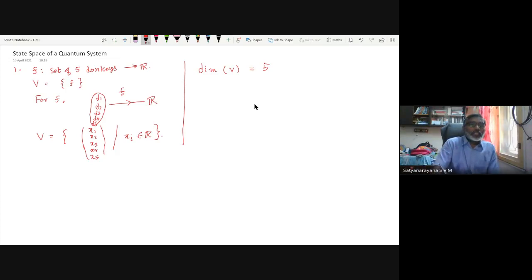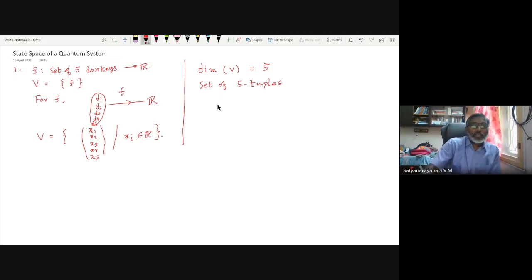So essentially, this is what we call the set of 5-tuples. Five real numbers are called a 5-tuple. The set of 5-tuples is a 5-dimensional vector space. Whatever number I give, the set of n-tuples is an n-dimensional vector space. Okay, so this is the vector space nature of this set of functions.